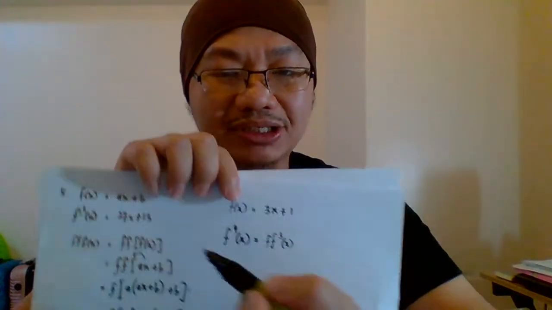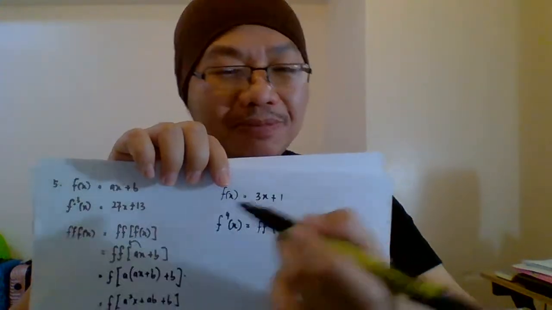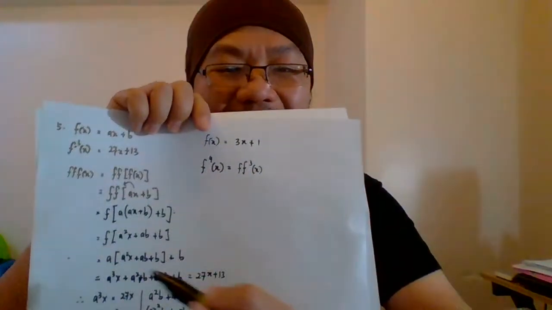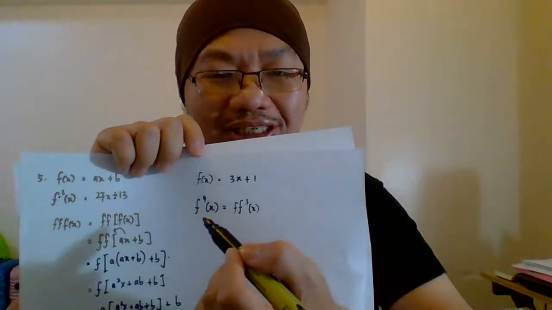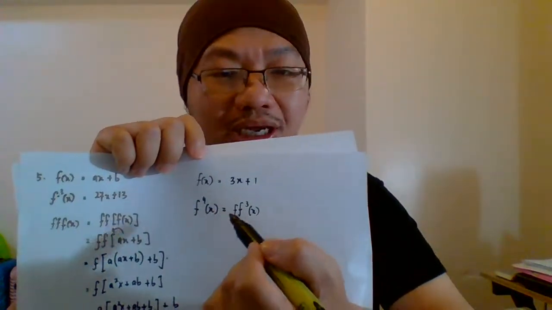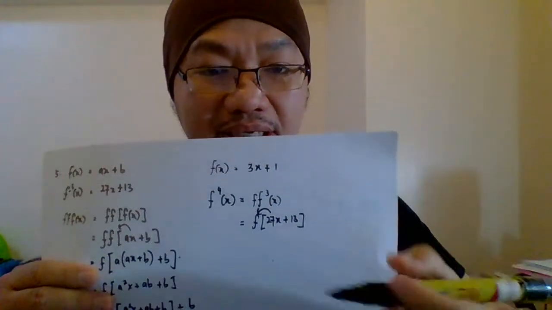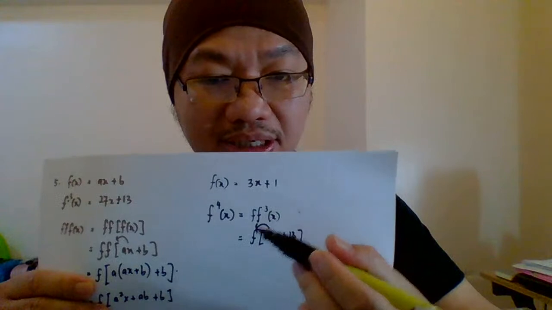So F cube X is already given here, so there's no need to compose 3 times. Don't, or you'll get more confused. So we just take the shortcut. F cube, just replace with this equation, 27x plus 13. And then what we need to do after we replace the F cube is insert into F.